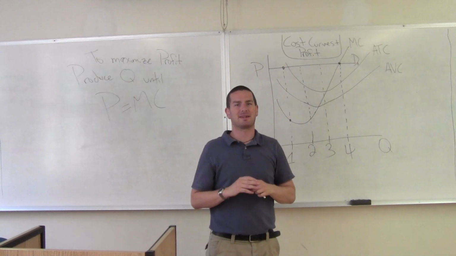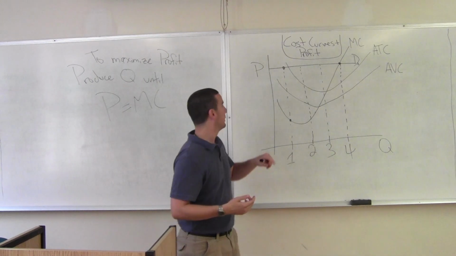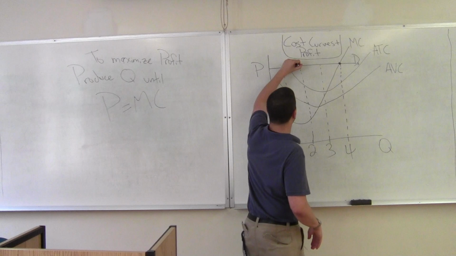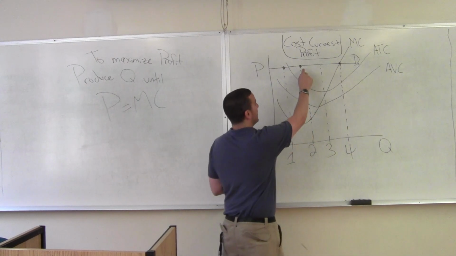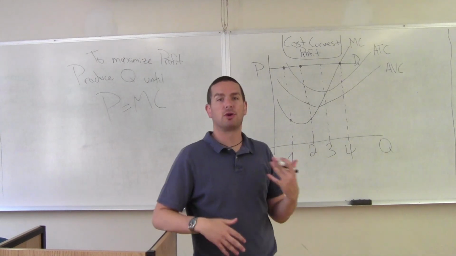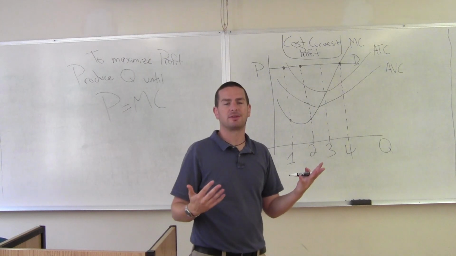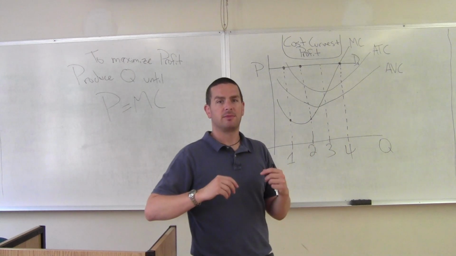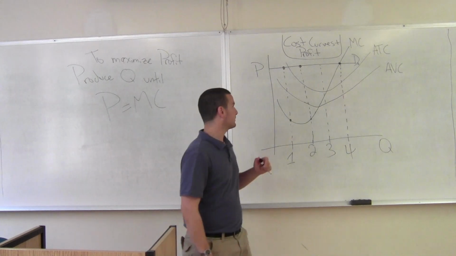So that's not going to maximize your profit. Here, at 2 units, that's marginal cost, and that's price. If you remember, since price is equal to marginal revenue, it is still greater than marginal cost, so therefore you can get more profit if you continue to produce more.